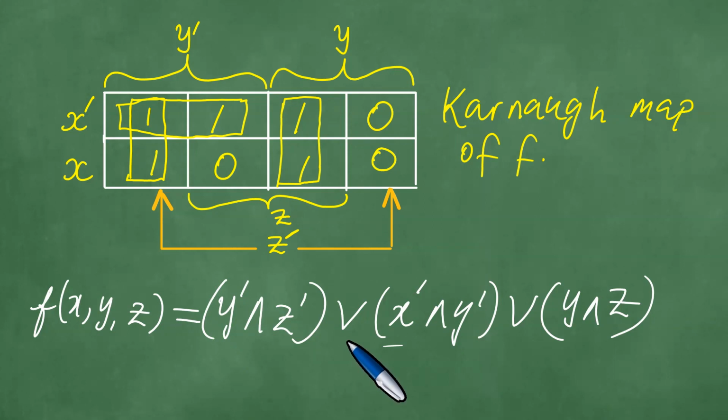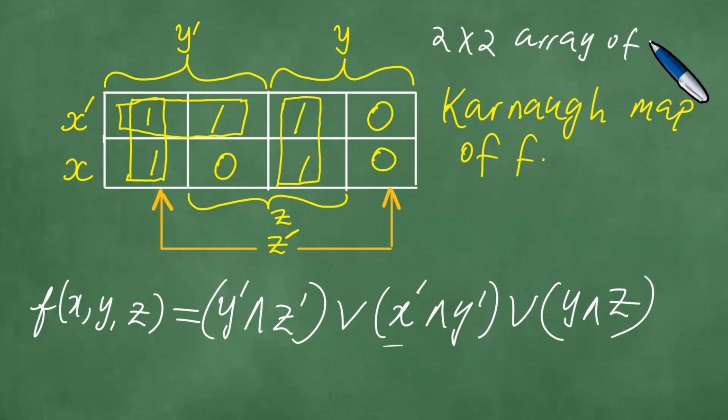In this case, this Karnaugh map has 2 rows, 1, 2, and 1, 2, 3, 4 cells. So it is a 2 by 2 array of zeros and ones.